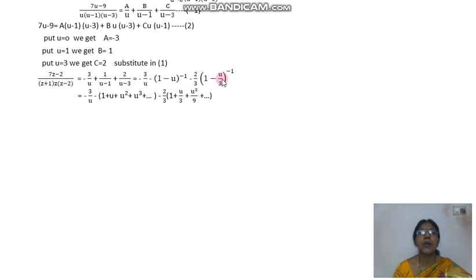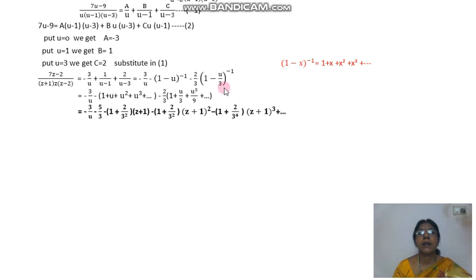In place of x, here there is u by 3, you observe. Okay, 1 minus u inverse. See this formula, 1 minus x inverse is 1 plus x square plus x cube and so on. In place of x, you put u. So 1 plus u square plus u cube and so on. See this one. This is also in the form of 1 minus x inverse, but in place of x, take it as u by 3 and substitute.